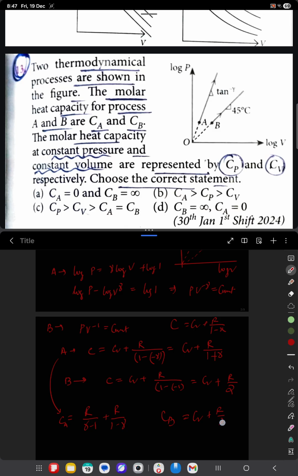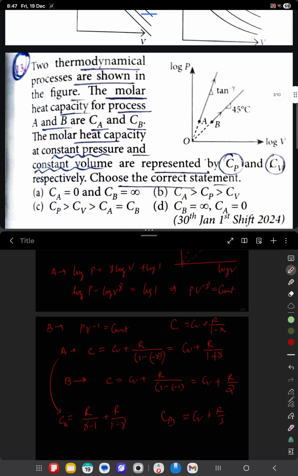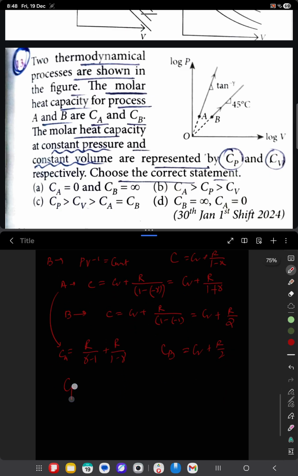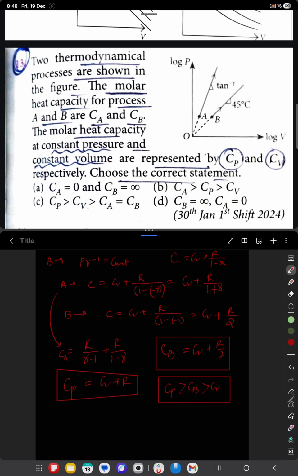So as you can observe, none of the options are correct in this given one. You may write that Cp is equal to Cv plus R and CB is equal to Cv plus R by 2. So Cp is more than CB. You can't conclude anything about CA because you don't know the gamma.